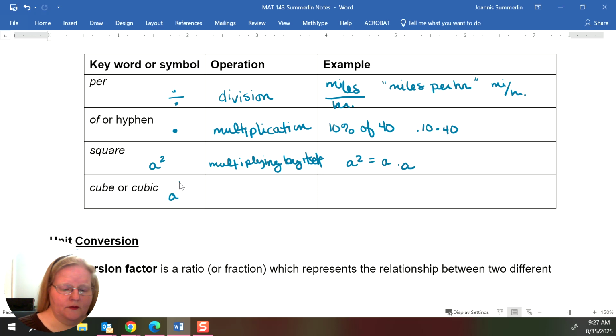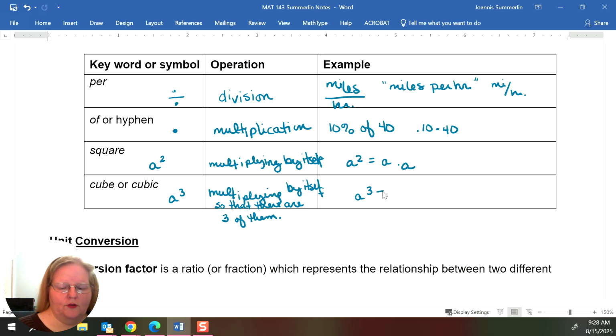Cubing is raising something to the third power, multiplying by itself so that there are 3 of them.